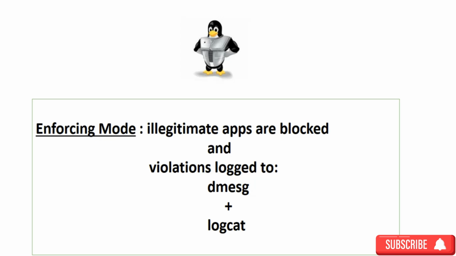So now in enforcing mode, whenever you do security research on Android platforms, the illegitimate actions are prevented by default and attempted violations are logged by the kernel to dmesg and to logcat. Okay. Android device manufacturers should gather information about these errors so they can refine their software and their own SELinux processes before enforcing them.